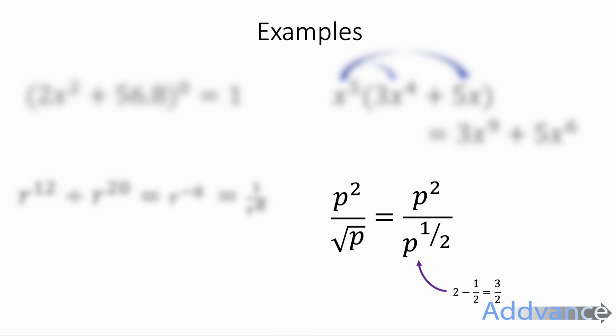And 2 minus 1/2 will give us 1.5 or 3 over 2. And so we're subtracting the powers and we get p to the power 3 over 2, which is the same as the square root of p cubed. And that is the final answer. That's it simplified as much as we can possibly do.